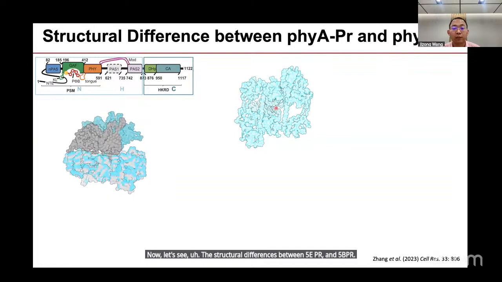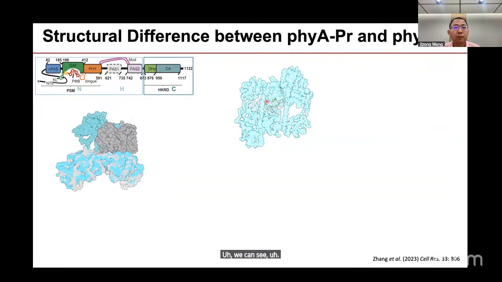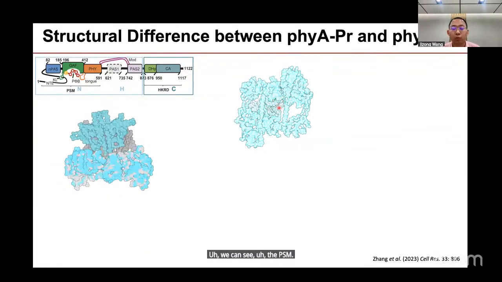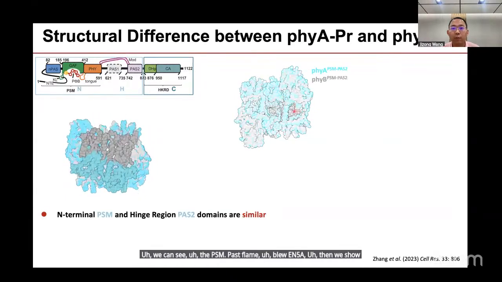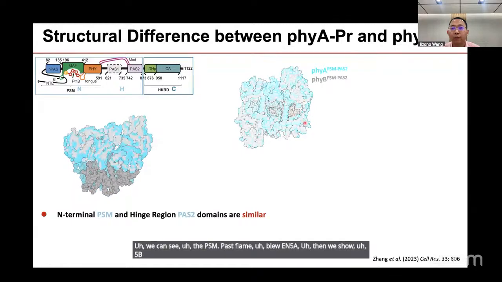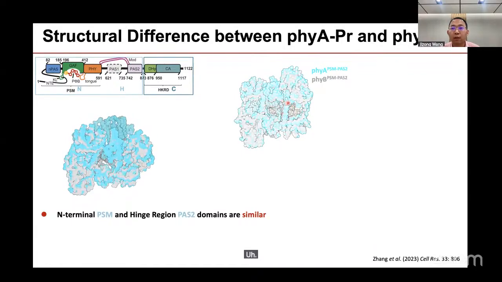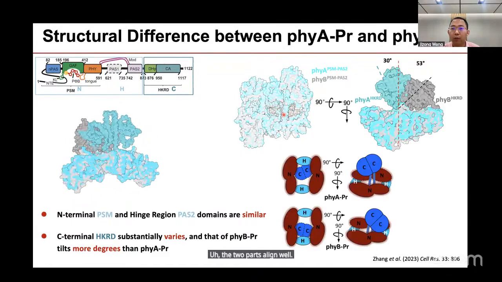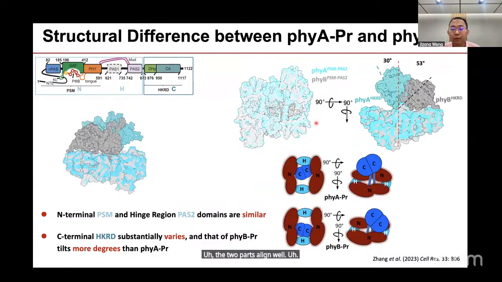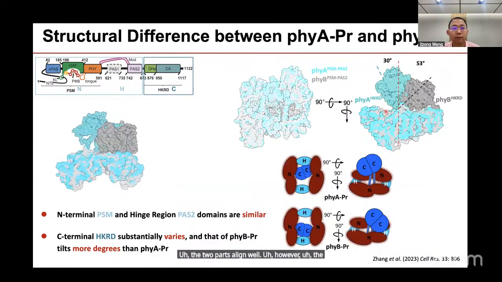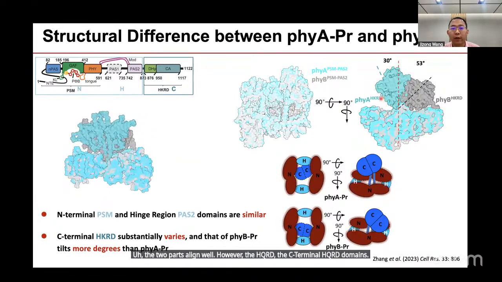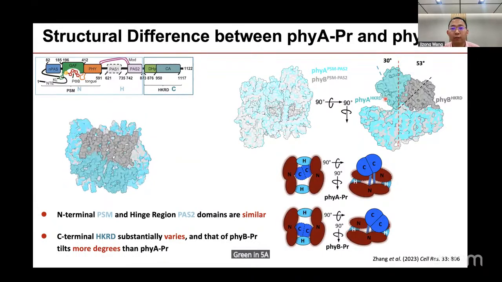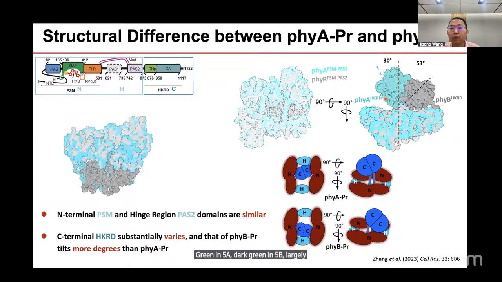We can see the PSM-PAS plane in blue in phyA. Then we show phyB in gray. The two parts align well. However, the C-terminal HKRD domains, green in phyA, dark gray in phyB, largely diverge.